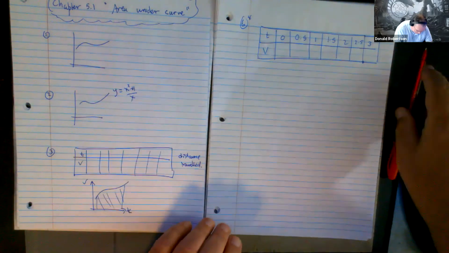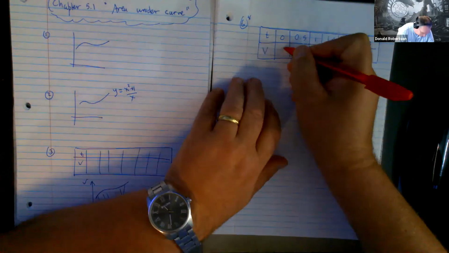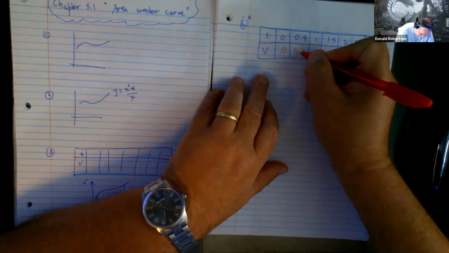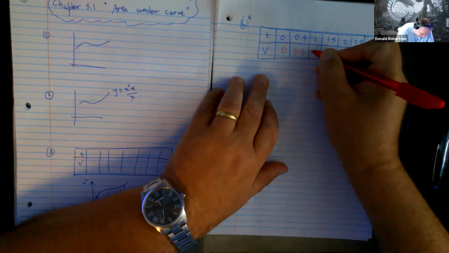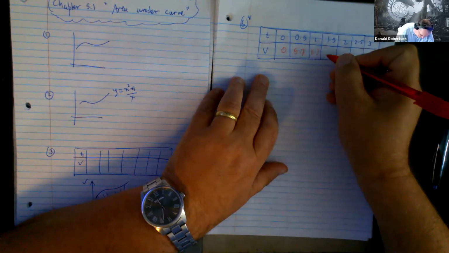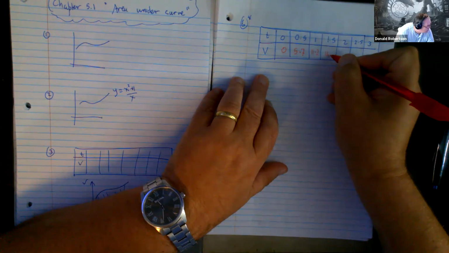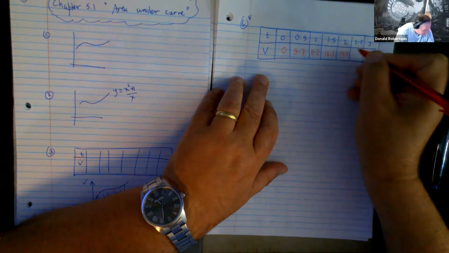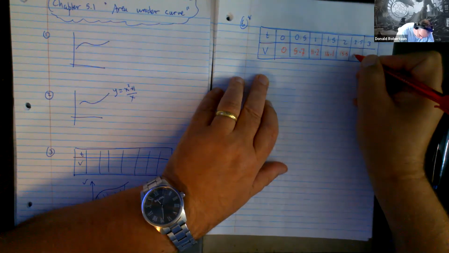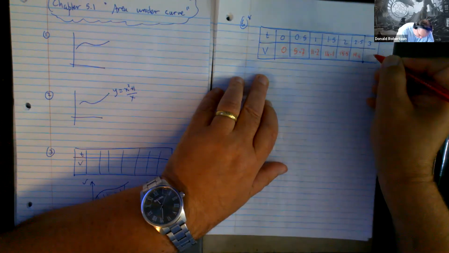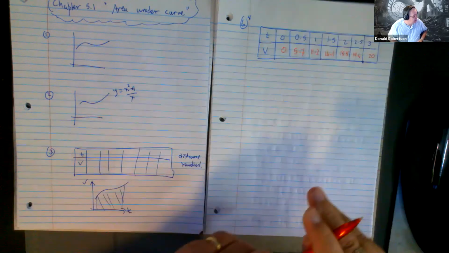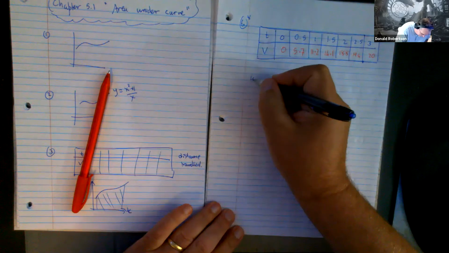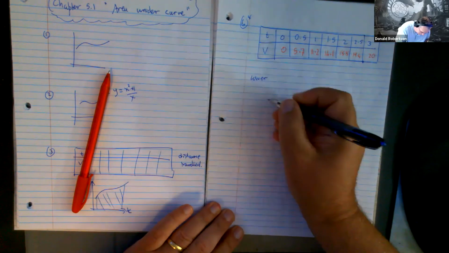And then the velocities are 0, 5.7, 11.2, 14.1, 18.8, 19.4, and 20. And the question asks us for the lower and the upper.